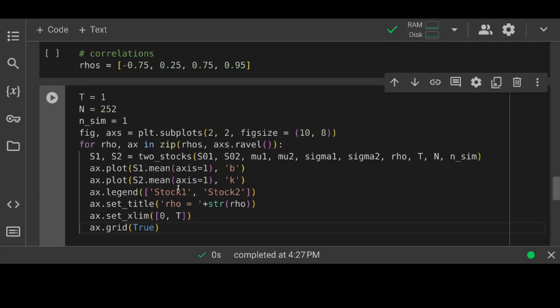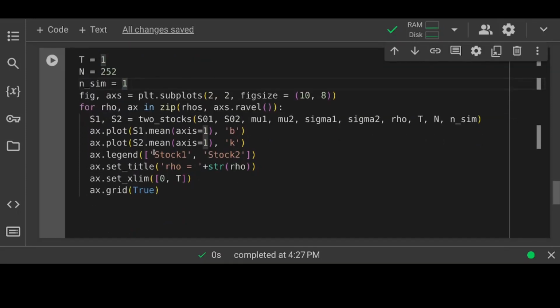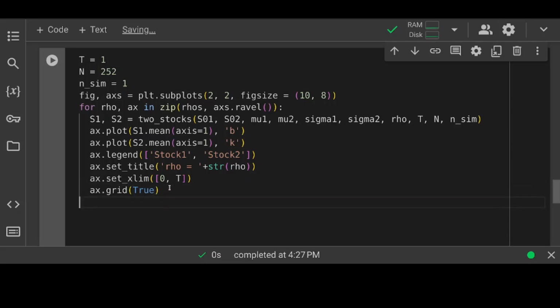So here we plot the mean of the simulations. We take the number of simulations here, then we take the average. Of course, here there's only one. We can change into a different number of simulations and check the result. The legend is the first stock and the second stock, with rho as a title, and the axis limit is from 0 to capital T, grid is on, then display the plots.